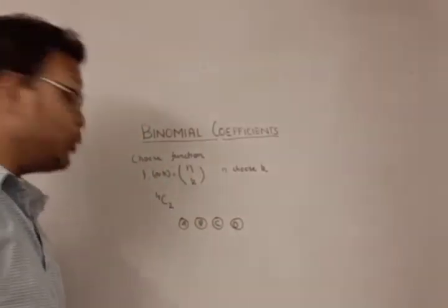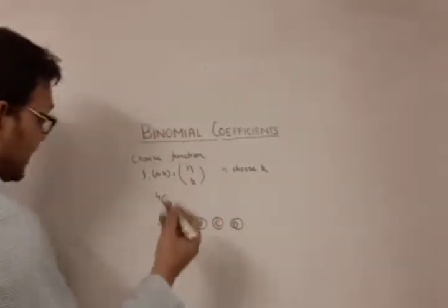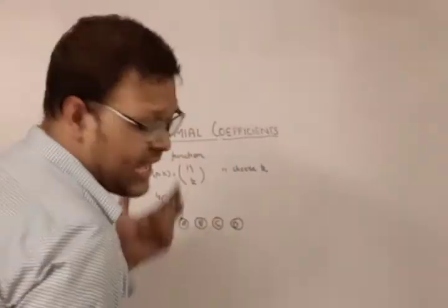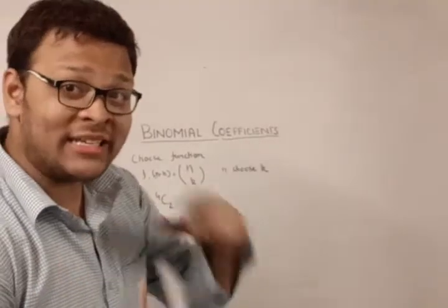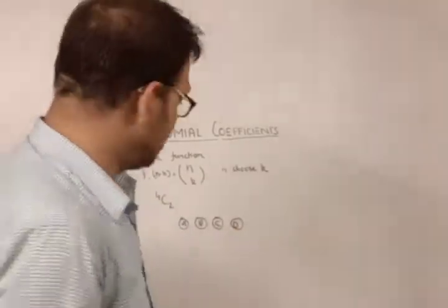So how can I pick up any 2 of them? I can pick A, B, I can pick B, C, I can pick A, D, whatever. Our work is to count the number of ways we can choose it.